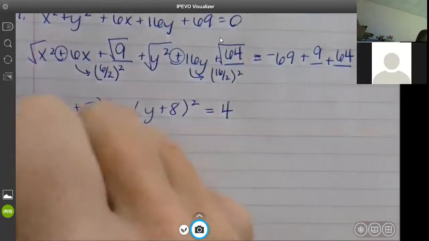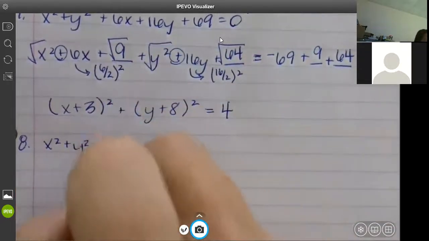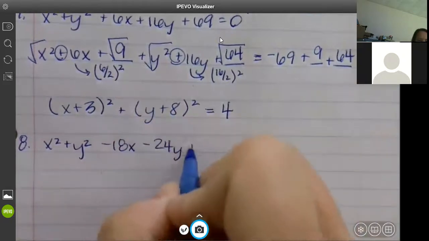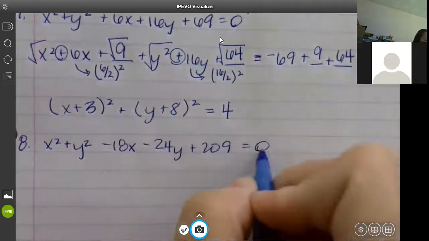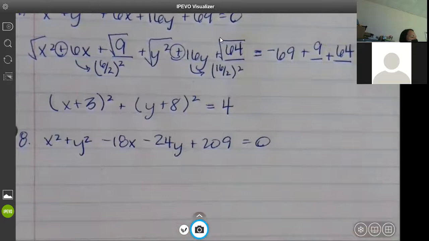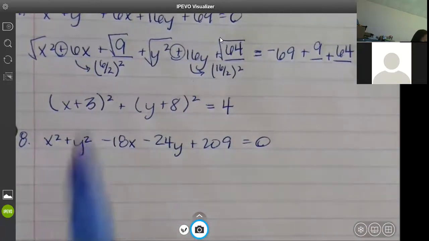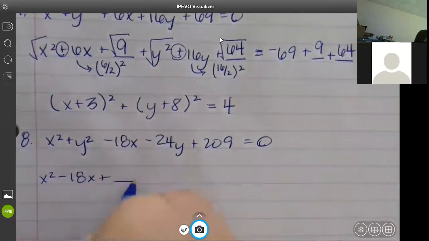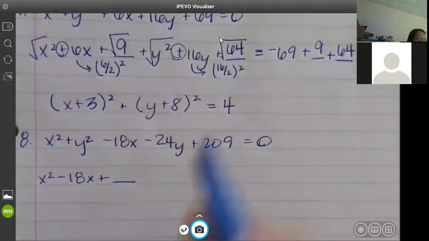Number 8 is x squared plus y squared minus 18x minus 24y plus 209 equals 0. Put your x's and y's together. So how am I going to write my next line? Plus blank. Don't forget your blanks. Next.